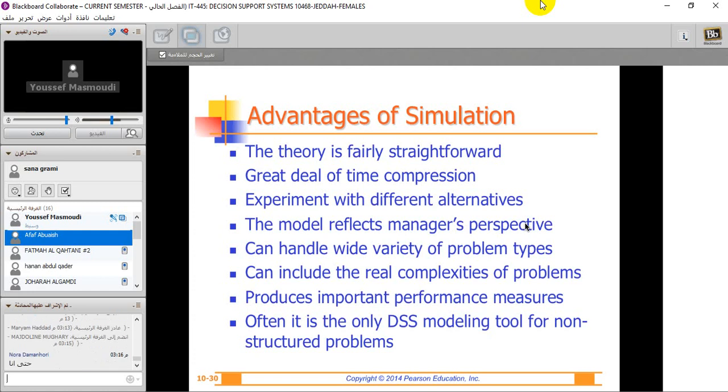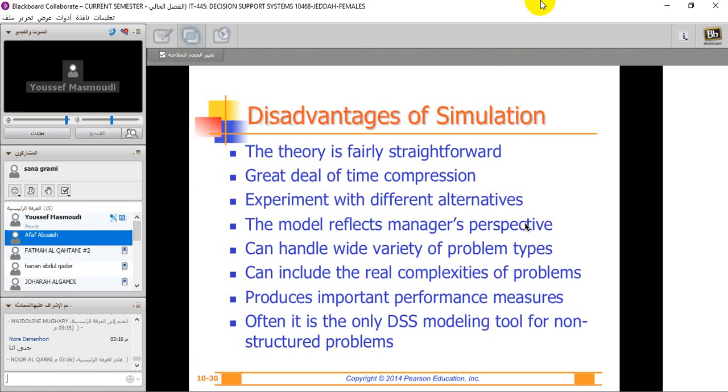One of the most well-known unstructured problems where we have to take decisions is the traffic red lights. So you will simulate the red light to find the optimal and the best value of seconds in each direction.